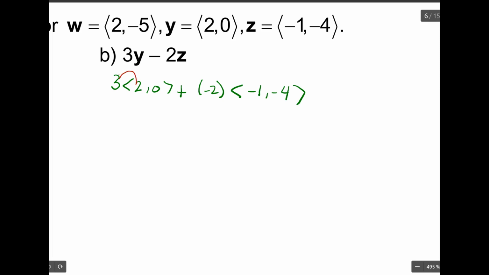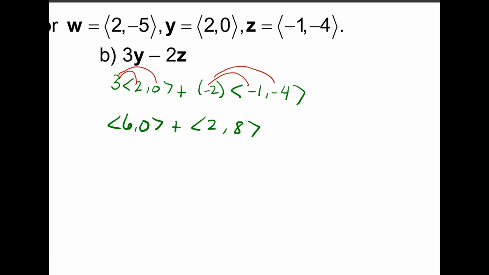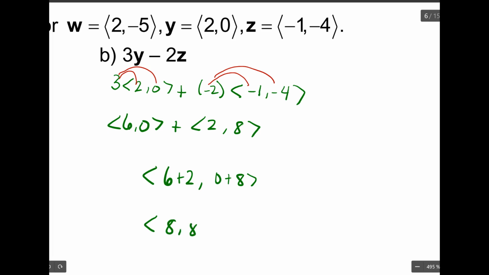Makes it a little easier. So let's distribute out. Let's see what we get so far. 6 comma 0 plus 2 comma 8. This is it. 6 plus 2 comma 0 plus 8. So I have 8 comma 8.